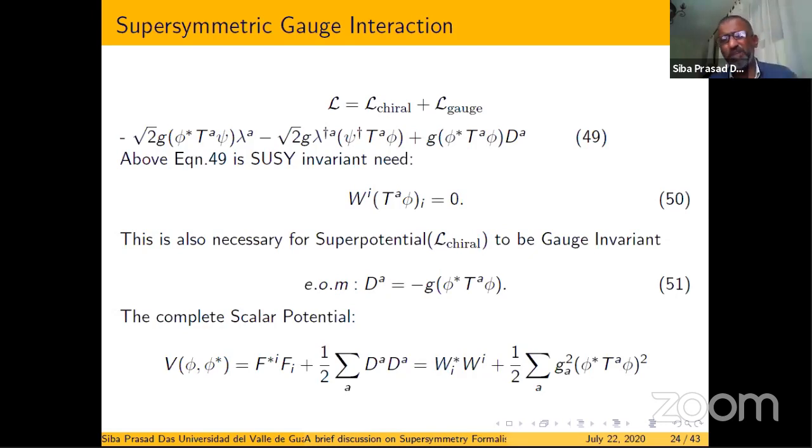This is also one of the most important criteria of all this, that equation 49 should be supersymmetry invariant.